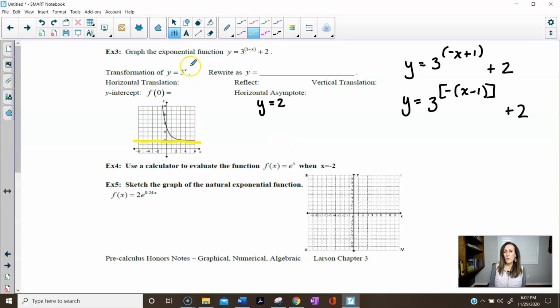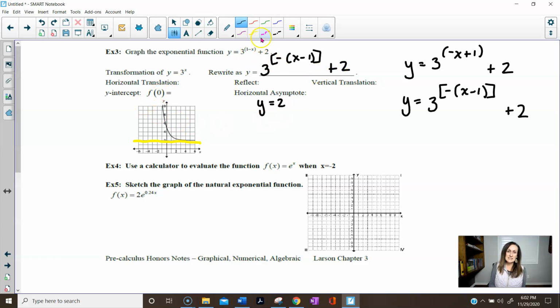So we have y equals 3 raised to the x. I guess you would consider that your parent function. And then we're going to see how we move that. By the way, if the base is a 3, it means you have a tripling rate. Now we rewrote it as y equals 3 raised to the negative and then x subtract 1, and then the plus 2.